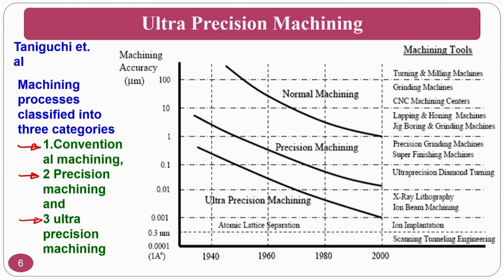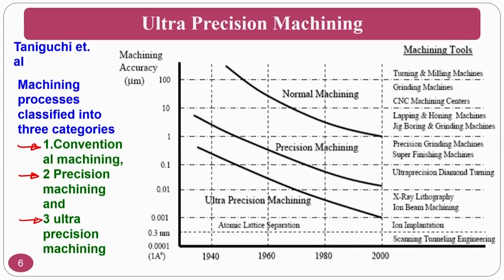For that purpose, people have to find new types of abrasive finishing processes where you can achieve very good surface finish on advanced materials for any type of application. If you see normal or conventional machining, the range is from 100 microns to the range of 1 micron as it progressed from 1940 to 2000. Currently we are in 2018, so it will be still lower. It may go like this.